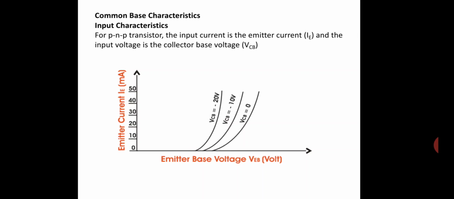The thickness of the base is very thin, so a small number of charges is present here, and the remaining 90% of the charge is collected at the collector terminal.